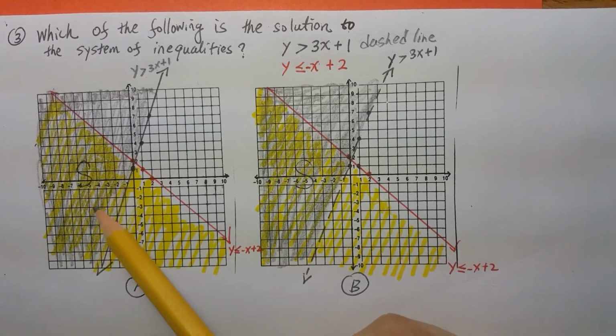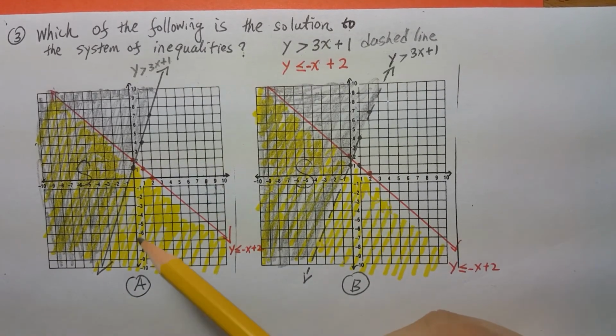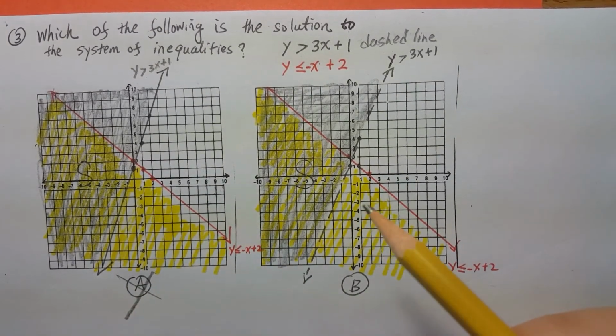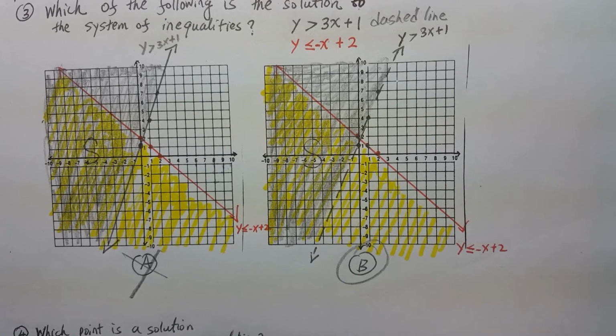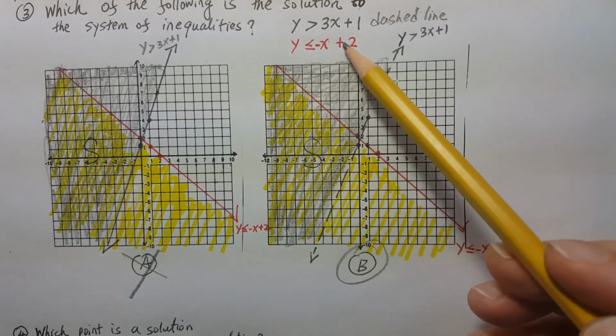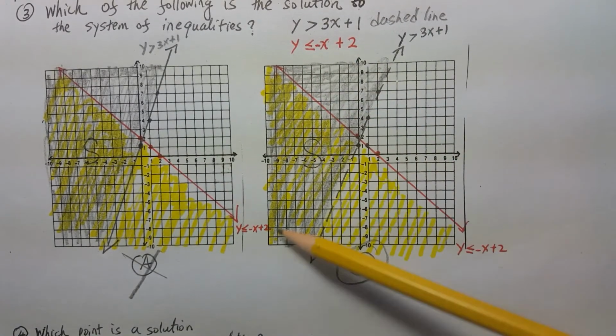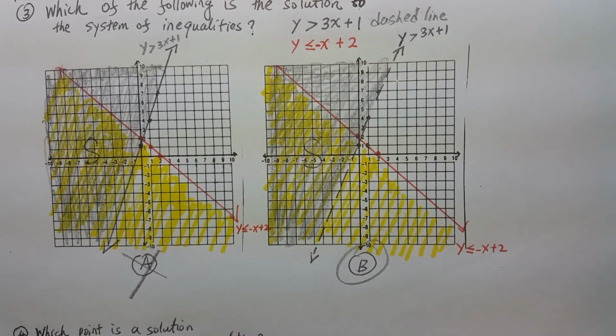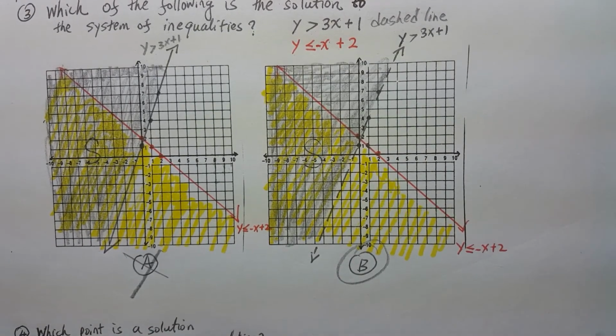So regular line, dashed line. So A is false. So therefore, not A, it's B. So we found the answer for B. And you can double check it for y is less than or equal to negative x plus 2, regular line, and shaded below. So definitely the answer is choice B.